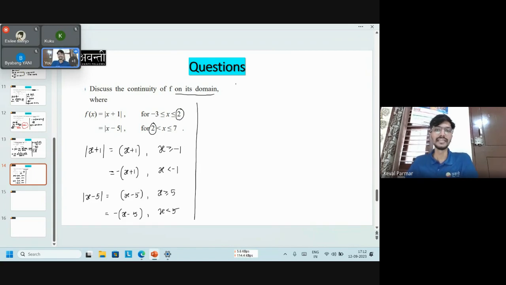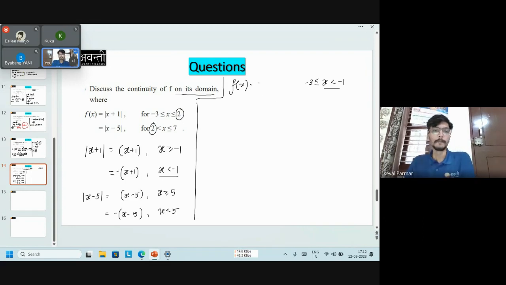So this way, after breaking the function, my f of x now will look like, please see carefully, x is greater than minus 1, less than minus 1. So for minus 3 to minus 1, this x is less than minus 1. And minus 3, it is given, it is from minus 3.